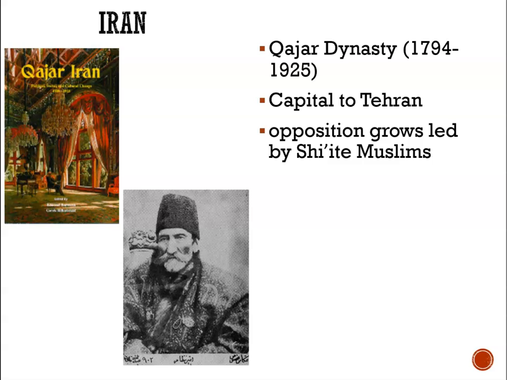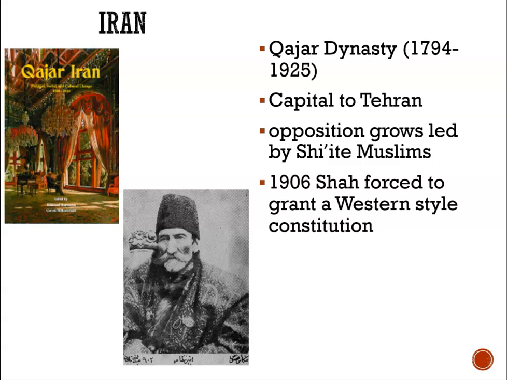The leadership is Sunni Muslim, but a majority of the people are Shia or Shiite Muslims. But the Shah of Iran will have a Western-style constitution, and he gets a lot of support from both Russia and Britain, primarily because they want oil.